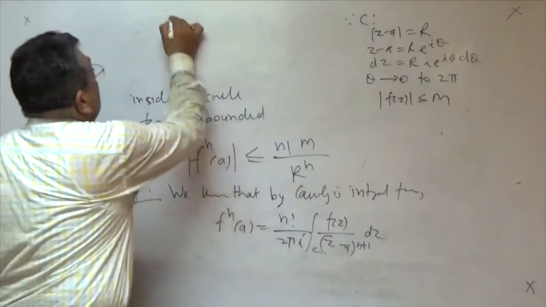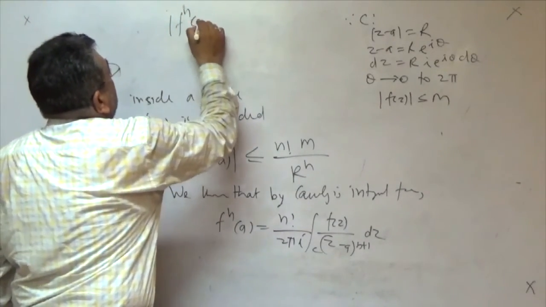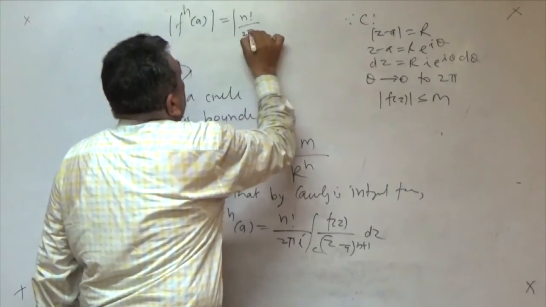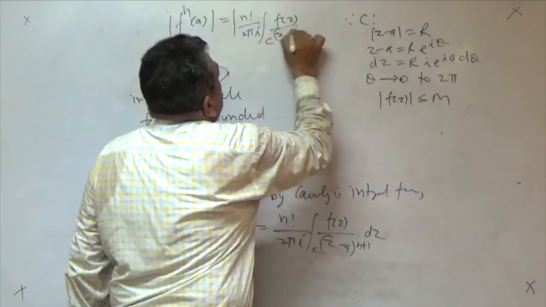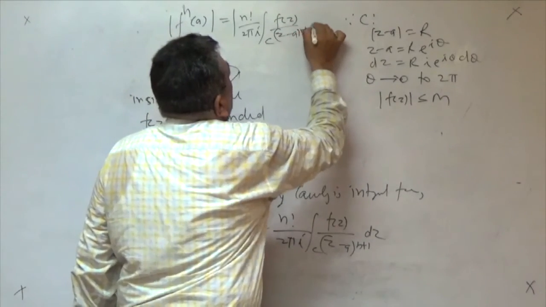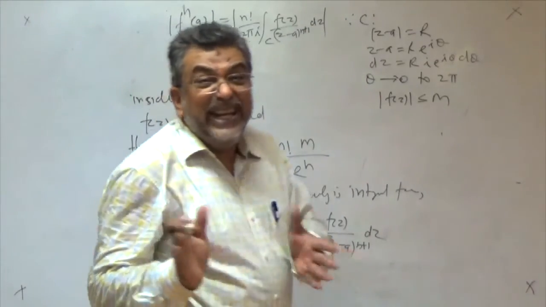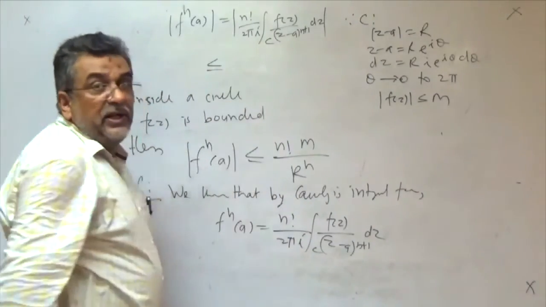So first, if we take the absolute value on both sides of n factorial upon 2 pi i integral over C of f(z) upon (z minus a) to power n plus 1 dz, and take the mod inside the integral, then this equality becomes an inequality, less than or equal.